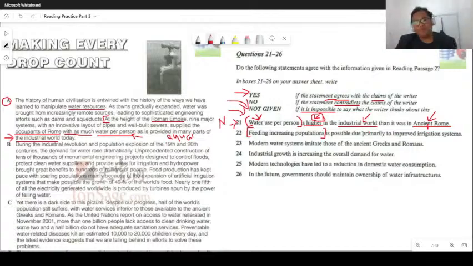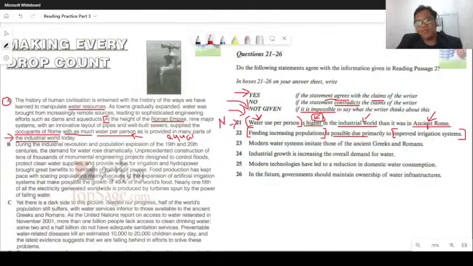Possible due primarily to, right? So it's a positive thing. It's possible, it happened due to improved irrigation system. So we got at least three keywords here. You can also dissect primarily, basically saying that's the main thing, but those three should be more than enough.